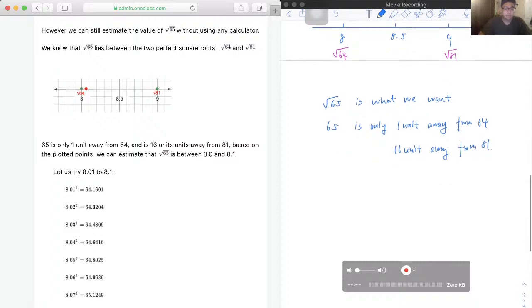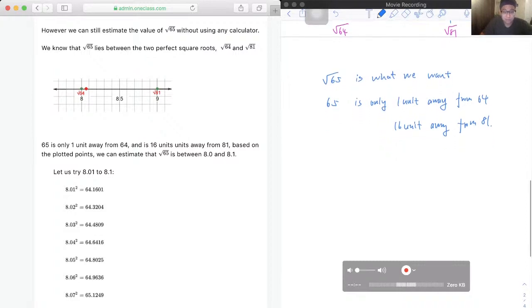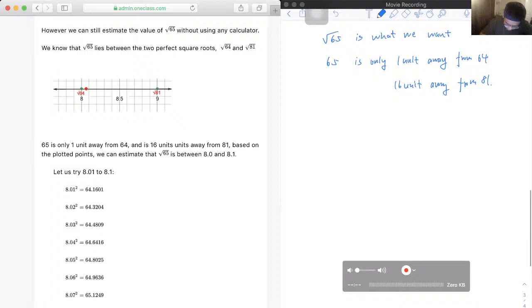Based on the plotted points, we can estimate root 65 is between 8.0 and 8.1. So let's write 8.0 to 8.1.